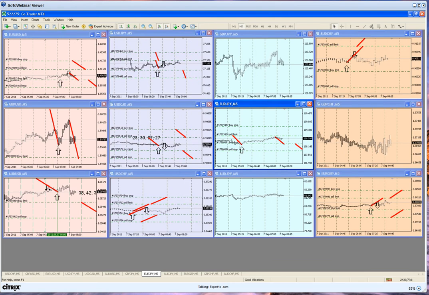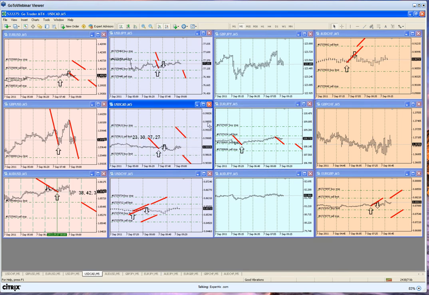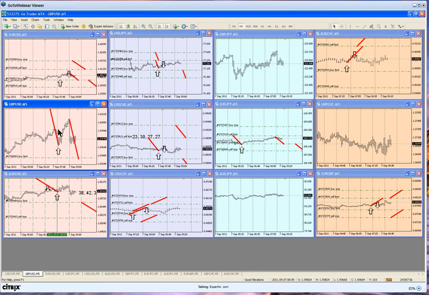So that's the philosophy of this trading system: to catch the spikes that spike up and come back down into the body of the snake. And that happens more often than not.